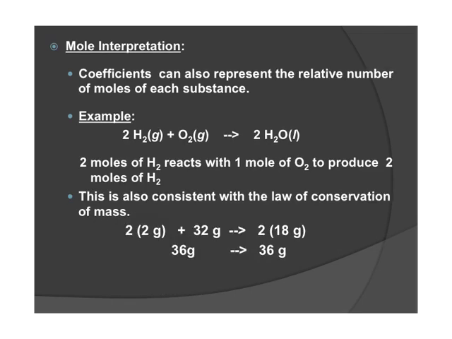But we can also use those same numbers out front to tell us a number of moles. 2 moles of hydrogen reacts with 1 mole of oxygen to produce 2 moles of H2O. This is also consistent with the law of conservation of mass. So if you look at the molar masses of these, H2 would be 2 grams and O2 would be 32 grams.